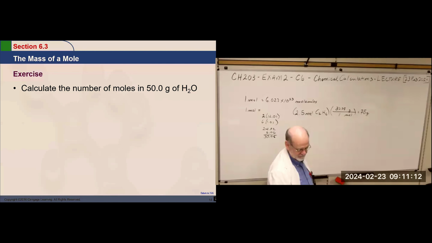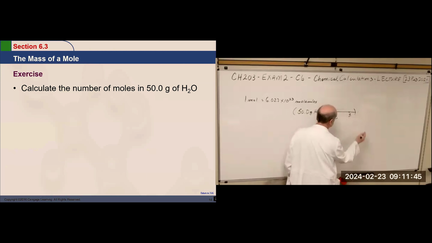How about the number of moles in 50 grams of water? Now we'll go the other direction. Say 50.0 grams of water. We need to cancel the grams, which leaves us with moles.